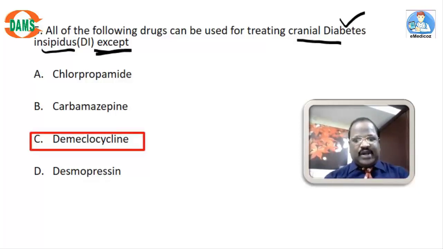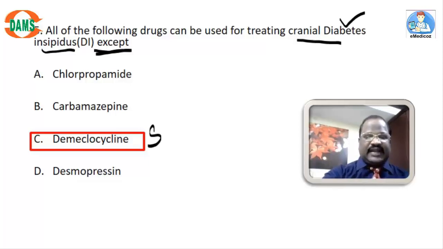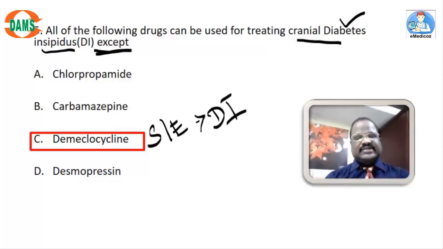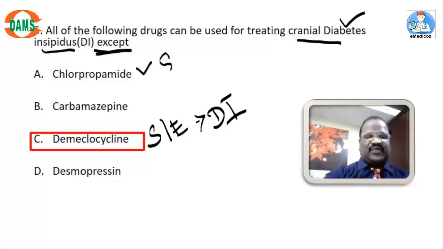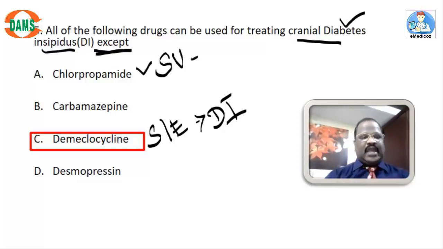Remember, demeclocycline, a tetracycline, causes the side effect of diabetes insipidus. So, the drug itself causes diabetes insipidus, so it cannot be used for treatment of diabetes insipidus. Now, look at options A and B. Chlorpropamide, a sulfonylurea type of anti-diabetic drug.